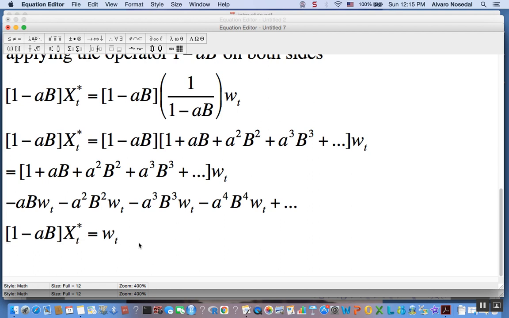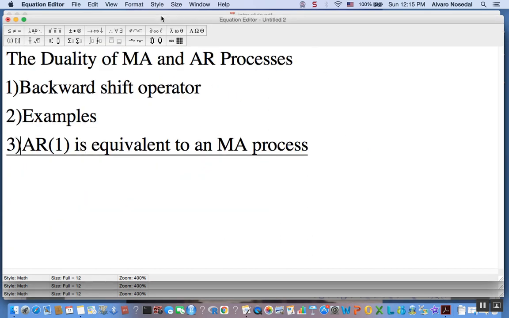Okay, so before we finish the video, let's just summarize what we did together. We started talking about the duality of moving averages and AR processes. We introduced the backward shift operator. We talked about a few examples of applications of that backward shift operator. We talked about the AR2 process, the autoregressive process of second order.